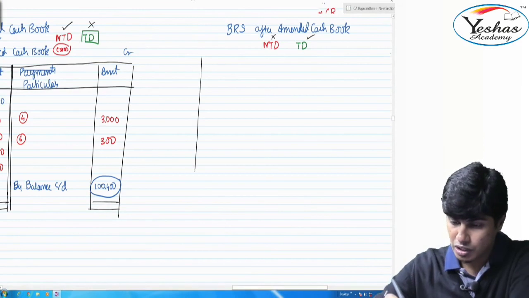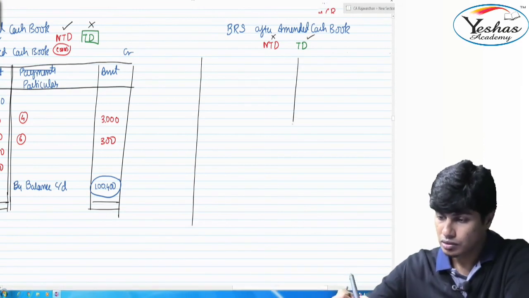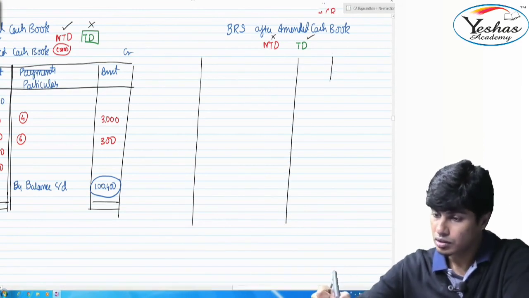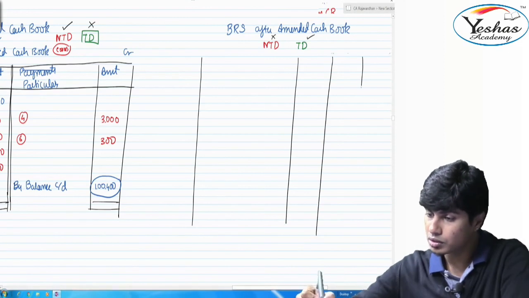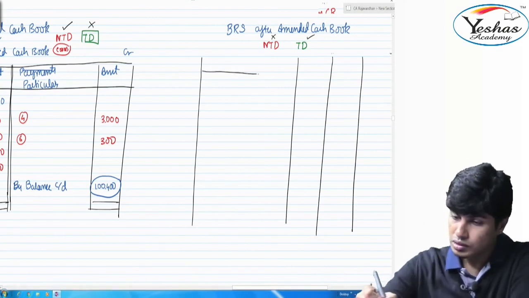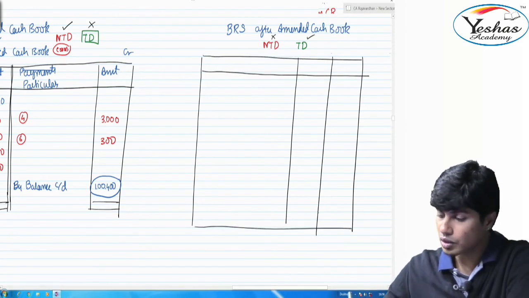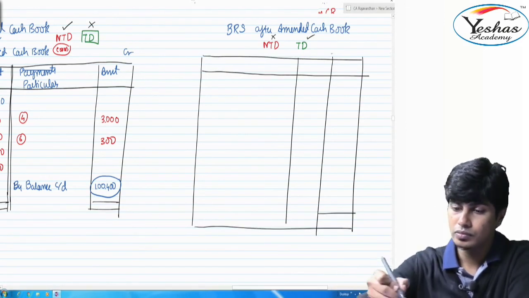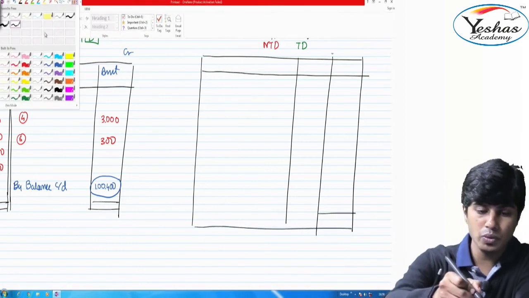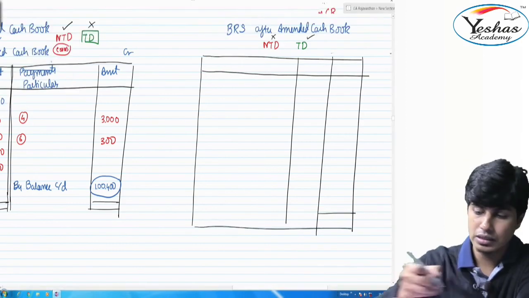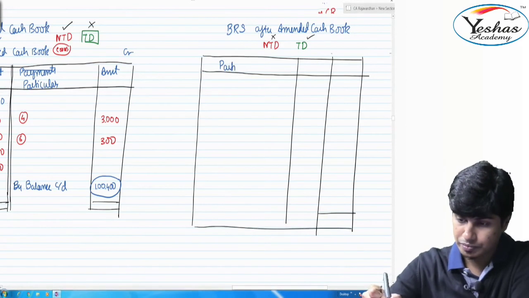So this is our particulars column. Inner column amount, outer column amount, heading column, then the closing column. I'll pick the blue color and let's get started. Particulars.